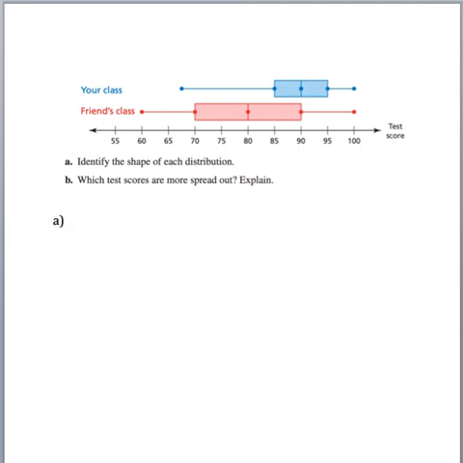So for part A, when I'm describing the shape, I would say the distribution for your class is skewed left. Skewed with a K. Skewed left. Okay, because the left whisker is clearly far more spread out.